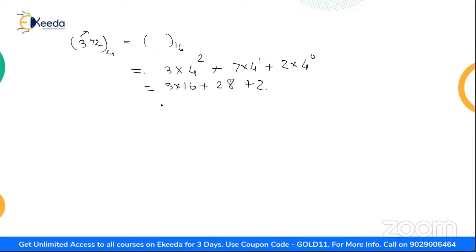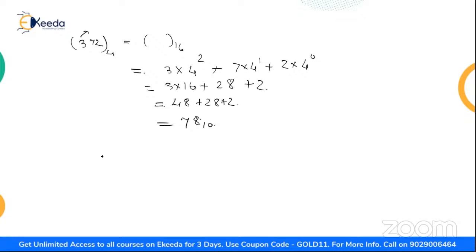What is 3 into 16? 48 plus 28 plus 2. So this is 78 decimal. Okay. Now you can convert this 78 decimal into hexadecimal.